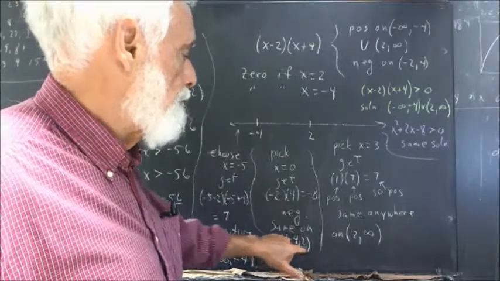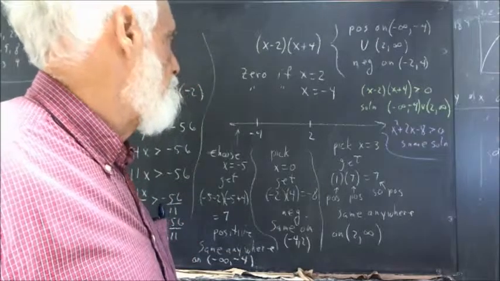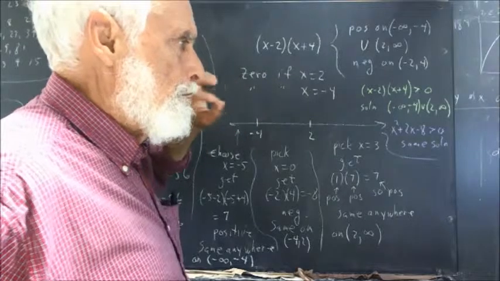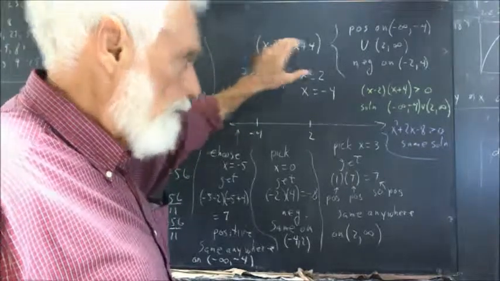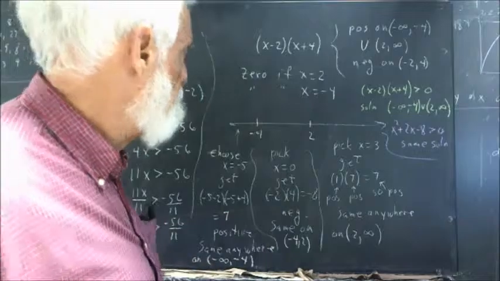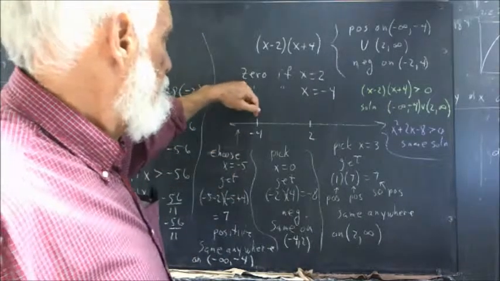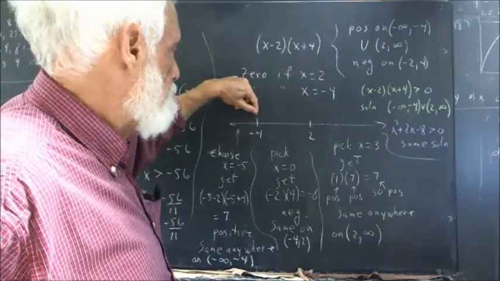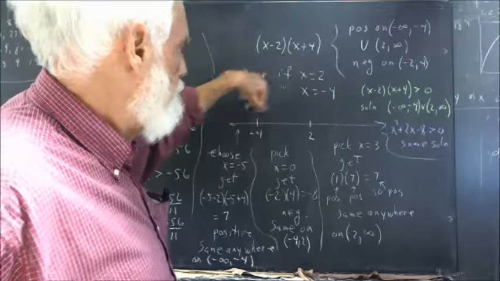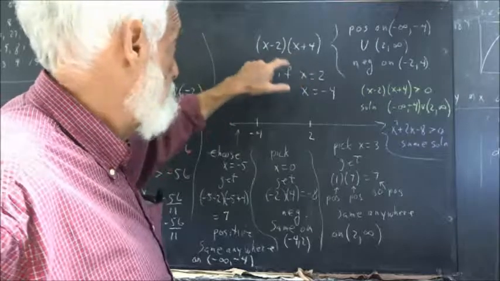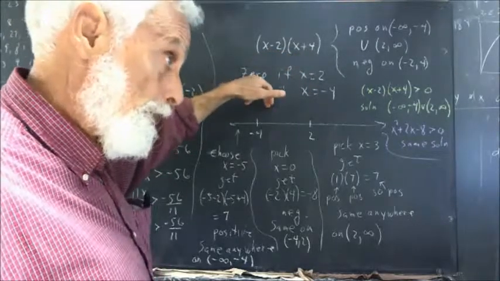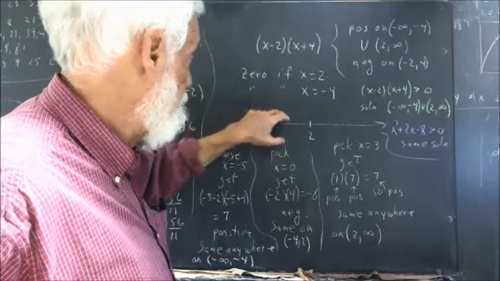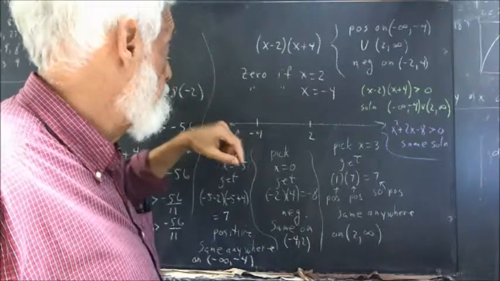And it's going to be the same anywhere between negative 4 and 2. The reason is that the only place the value of this expression can change is when x crosses a zero point. If x crosses negative 4, then the value can change because x plus 4 changes its sign at negative 4 as you move across it in either direction.